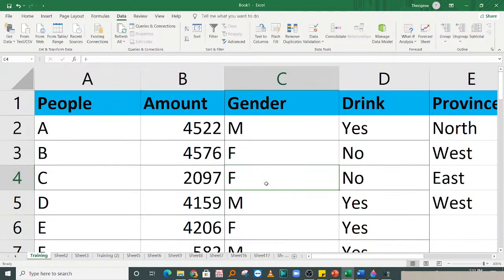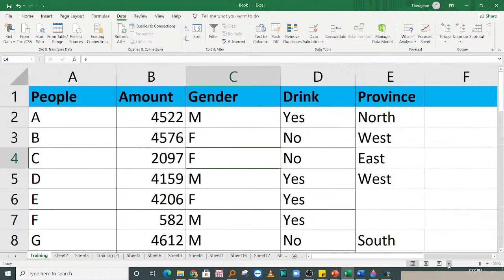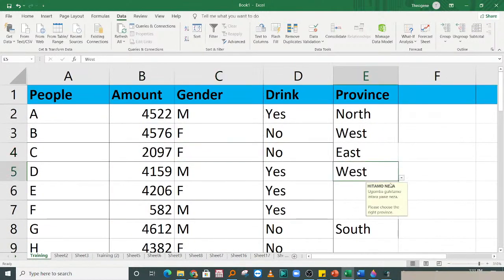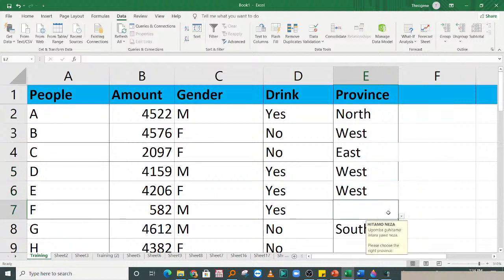Different sheets. Okay, so here I have another table. This is what we have seen yesterday.